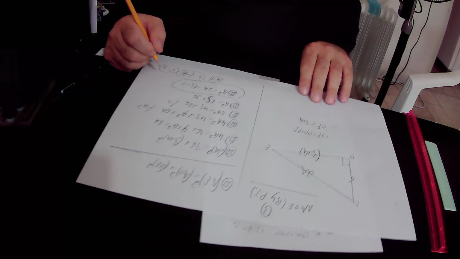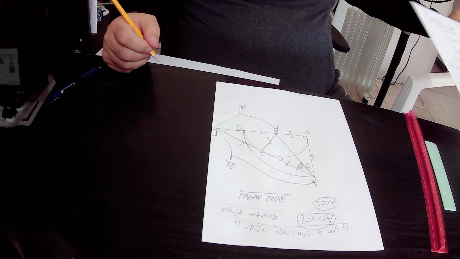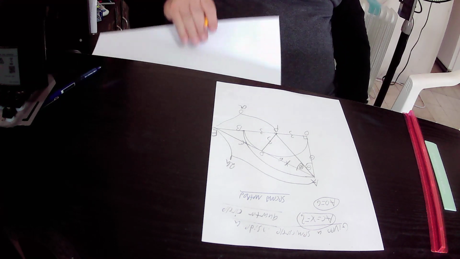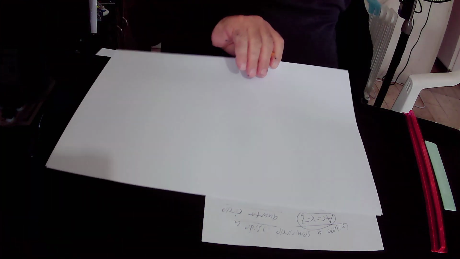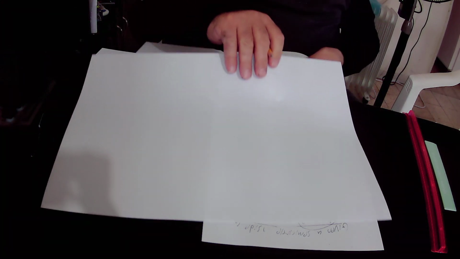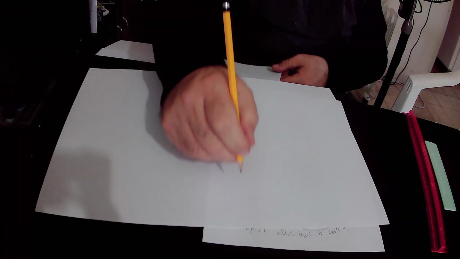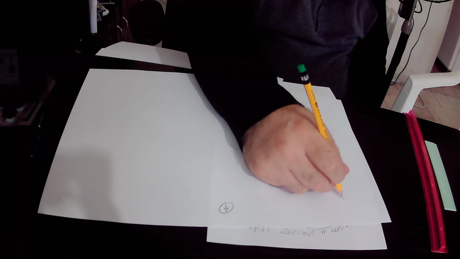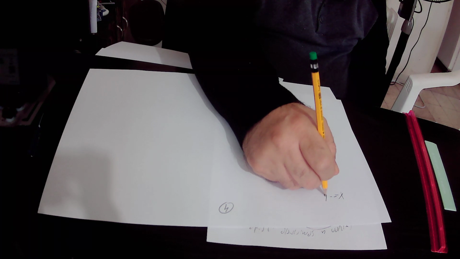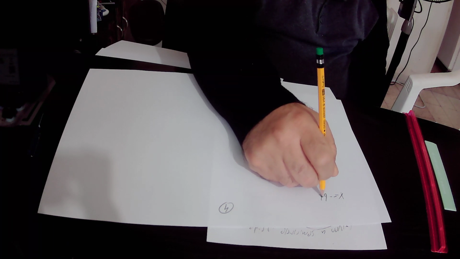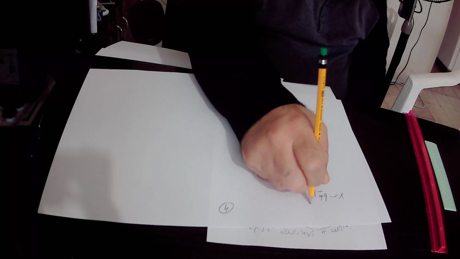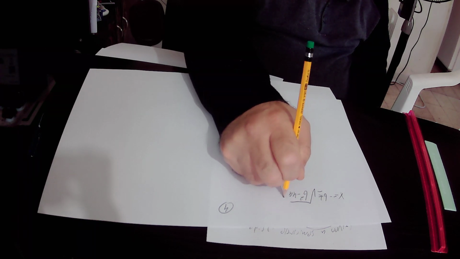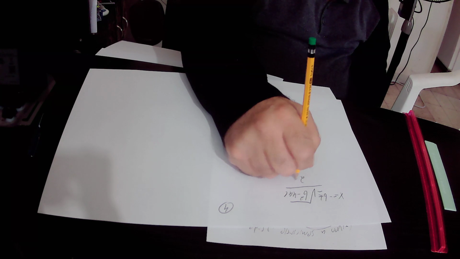And the general formula to solve a quadratic equation ax squared plus bx plus c equals 0 is x equals minus b plus minus square root of b squared minus 4ac, over 2a.